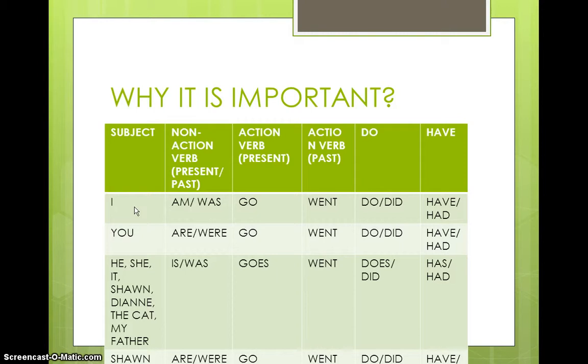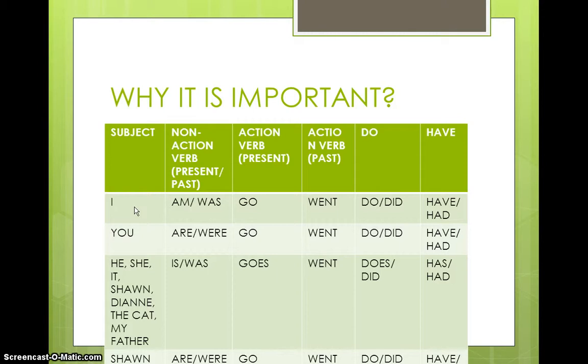If we use I as a subject, the non-action verb for present to be used is am, or in the past was. Let's say it is an action verb in present tense, we use go. For action verb in the past, we used went. And for I, we use do. The past will be did, and for have, it remains have, and the past tense is had.